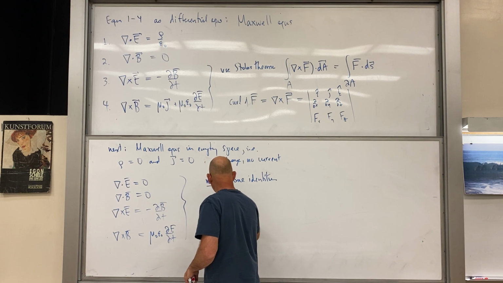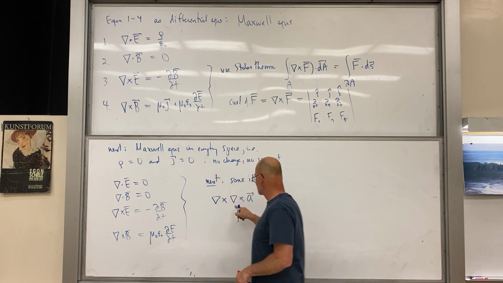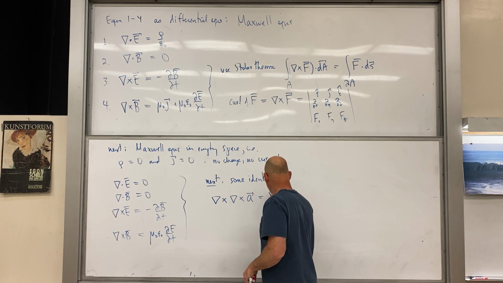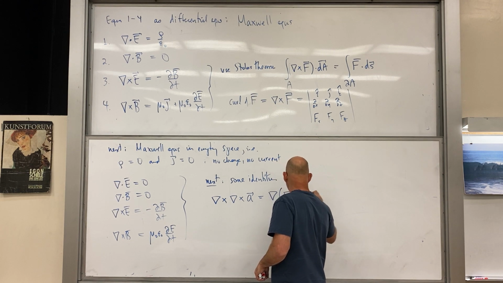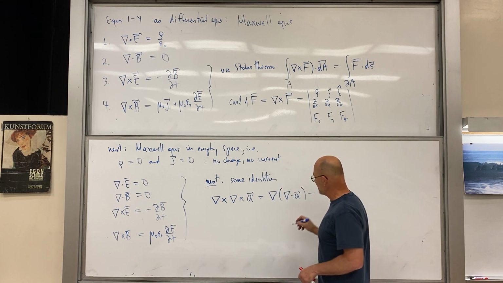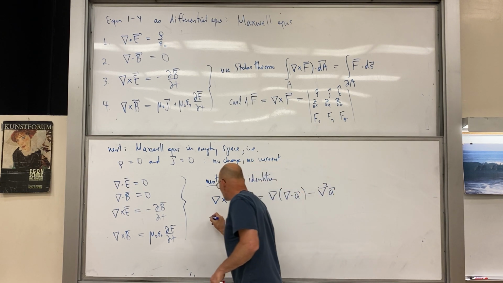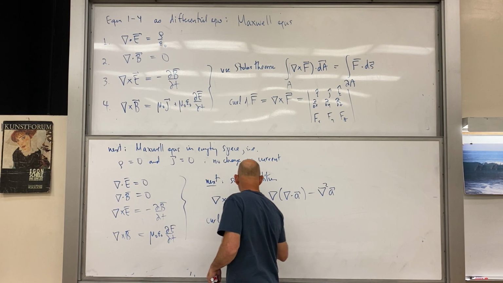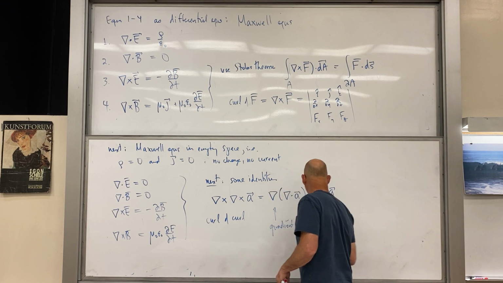The curl of the curl of a vector, which I'm just going to call A, is equal to the gradient of the divergence. I'm going to write this out. Minus del squared of A. So this is the curl of the curl. This here is the gradient operator.